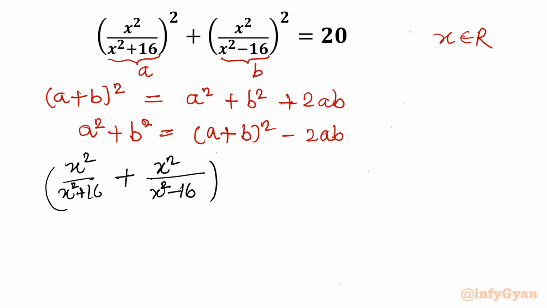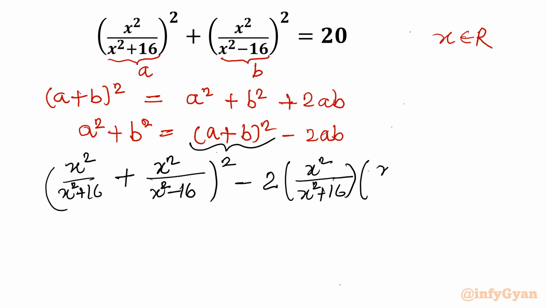This is our term (a plus b) whole square. Now minus twice ab. A is x square over x square plus 16 and b is x square over x square minus 16. And the right hand side is 20 as it is.